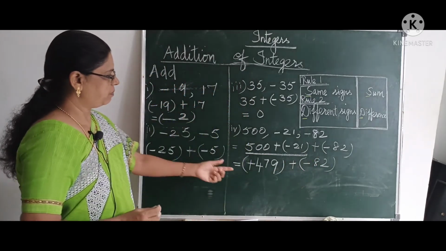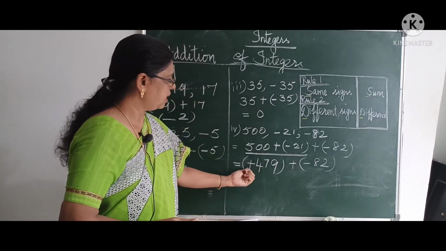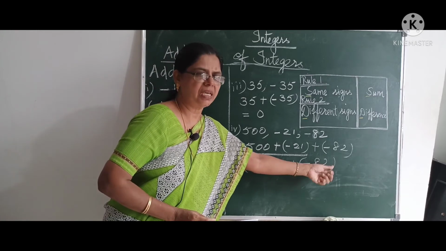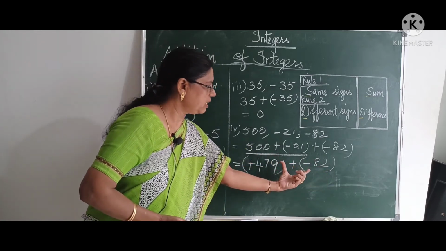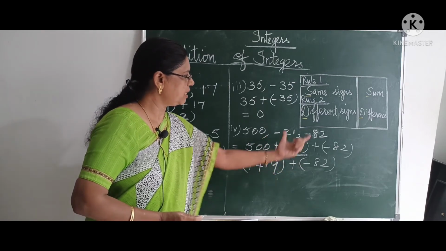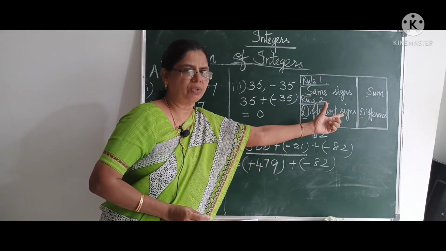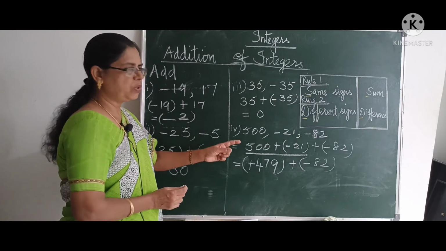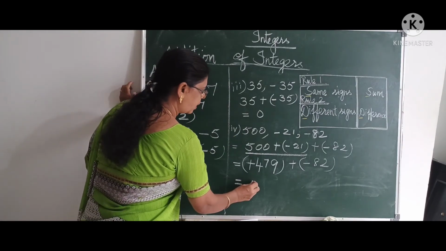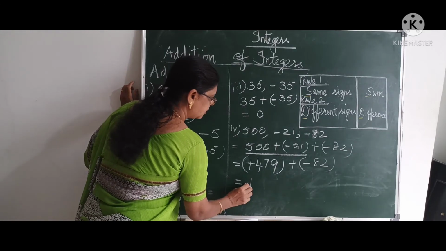In the next step, we see these two integers, 479 plus minus 82. Again, two integers are with different signs. So, when there are two integers with different signs, find out the difference and put the sign of the greater number. The greater number is 479. It has plus sign.